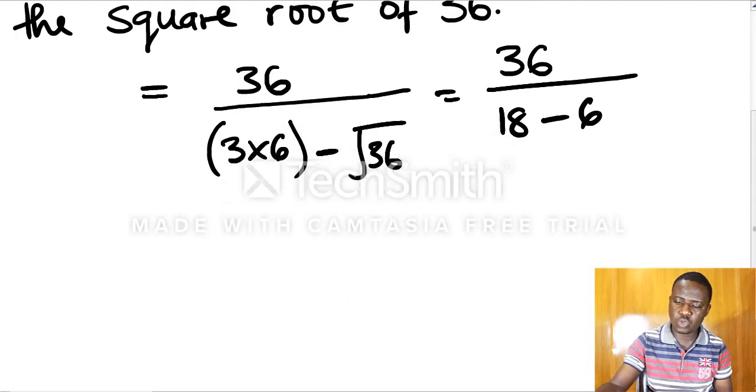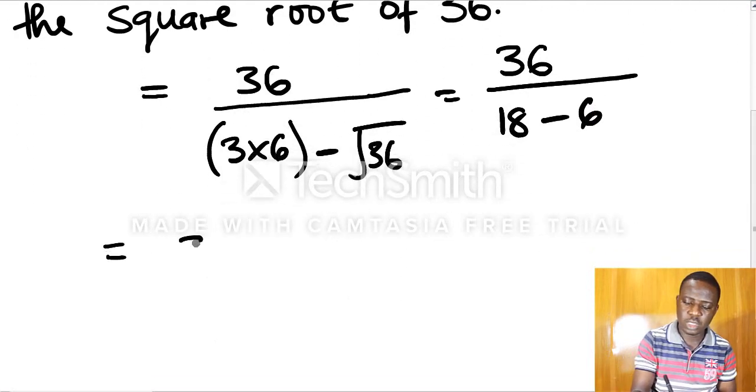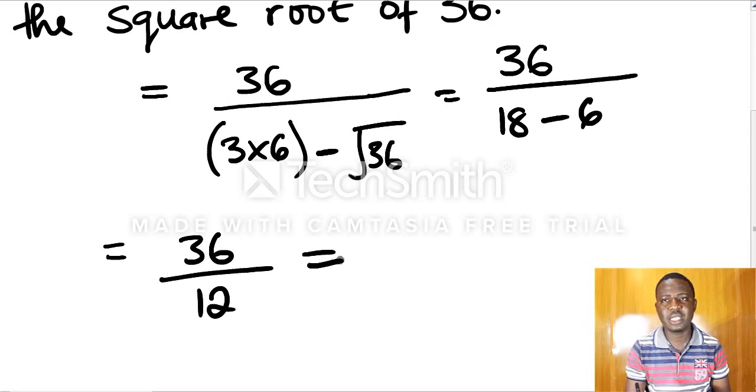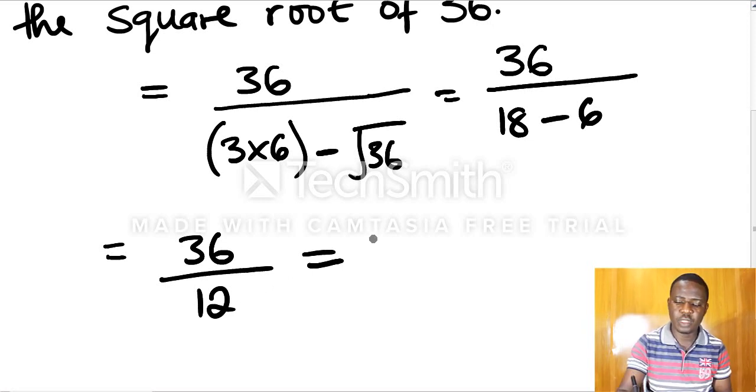This is equal to 36 divided by 18 minus 6 is 12, and 36 divided by 12 is 3 as your answer.